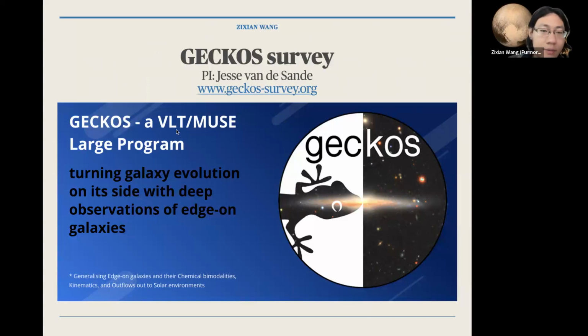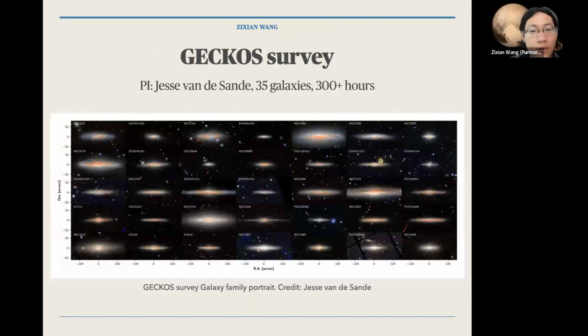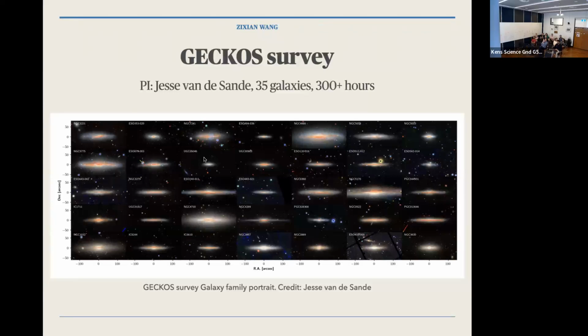It's a large VLT MUSE program targeting 35 Milky Way-like galaxies, and each galaxy will have an exposure time of more than 10 hours. So we are going very deep and have very high signal to noise. What I'm personally really interested in is the alpha bimodality, and whether we can infer the radial migration and the kinematic heating process in these external galaxies.